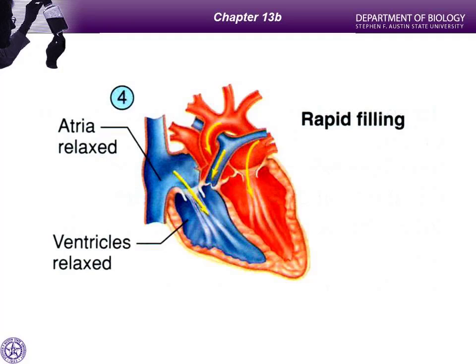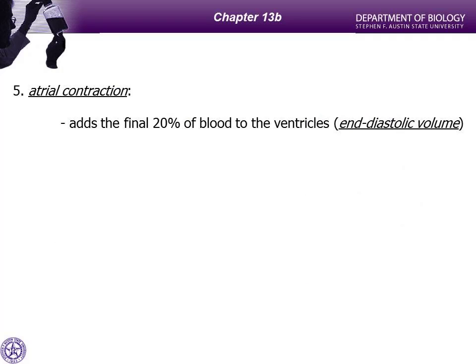But we still have one more thing to do before the ventricles contract again, right? At the very end of our ventricular diastole, that's when the atria contract. That's when that last 20% of the blood that is needed to fill those ventricles is squeezed in and injected down into the ventricles.